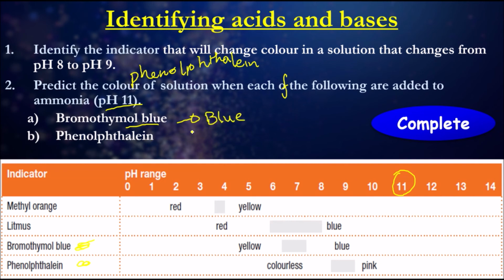And then if it's phenolphthalein, we already said it is pink. Okay, so that's all you really need to know at this point when it comes to the indicators. In our next lesson, we're going to be looking at the reaction that occurs between acids and bases.